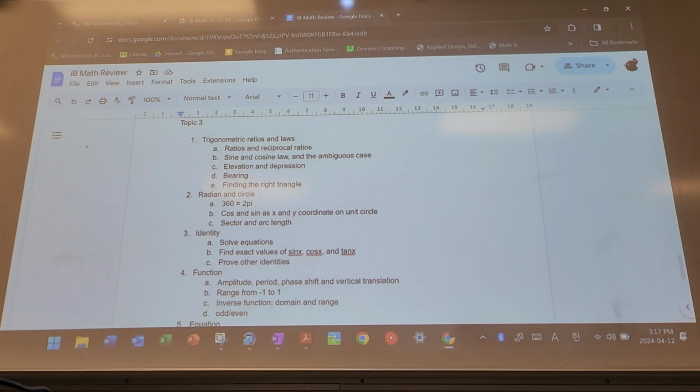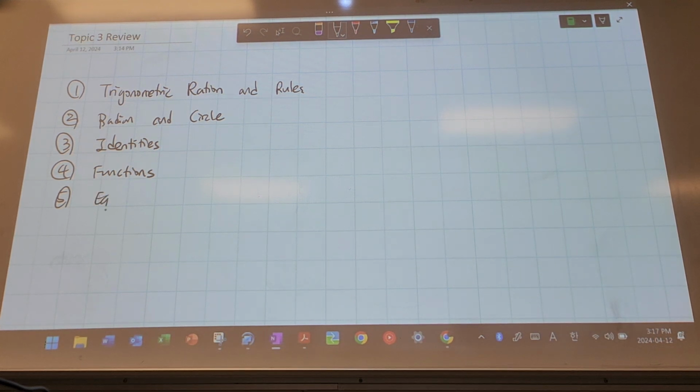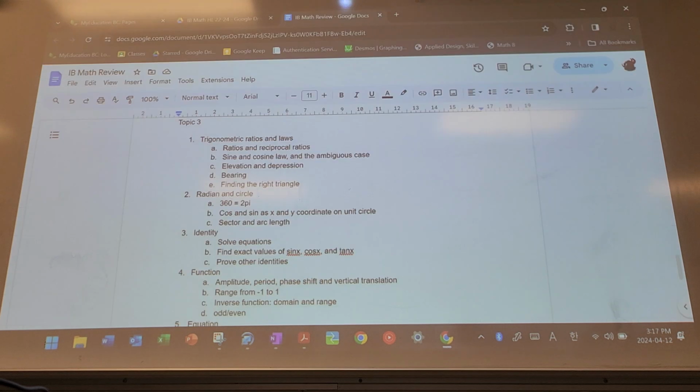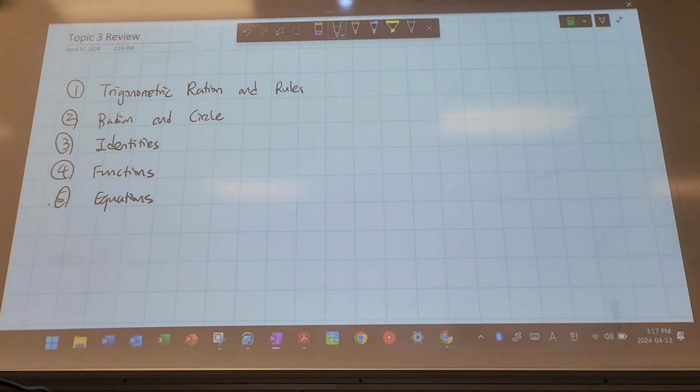And then we'll talk about the identity. And then we'll talk about the trig functions. And then we'll talk about the equations. And then we have the vector operations.